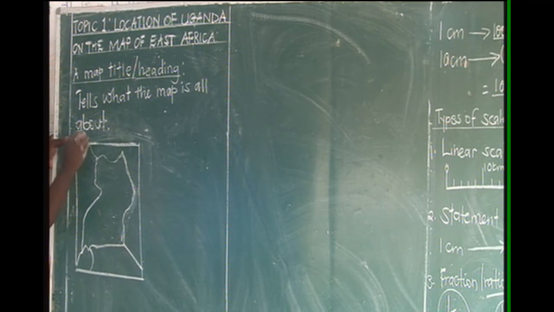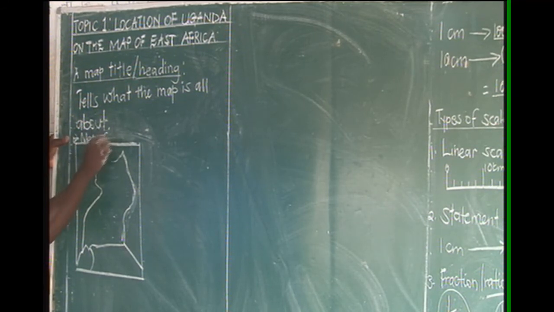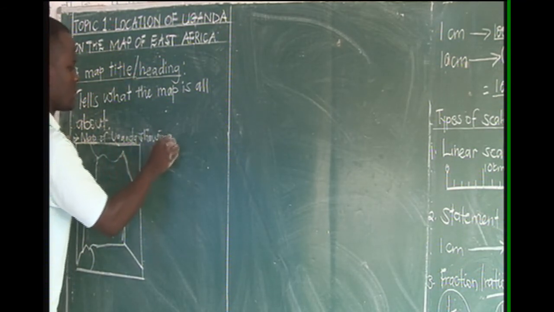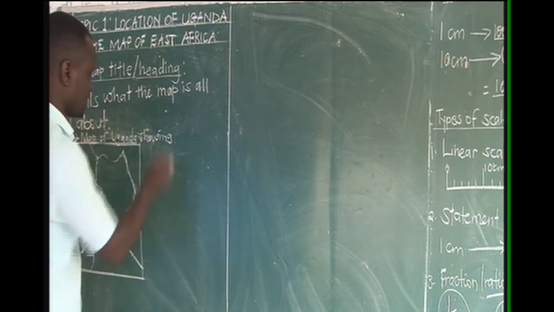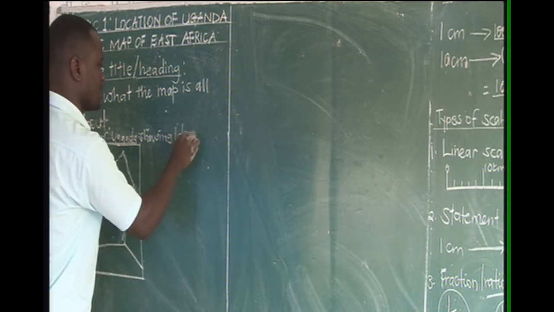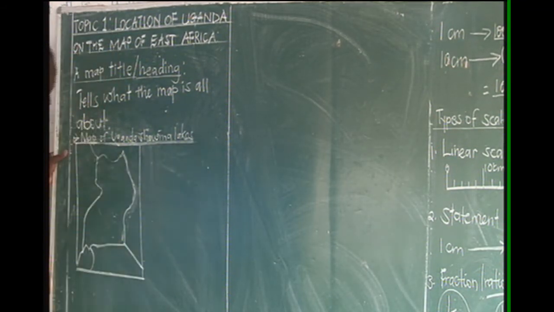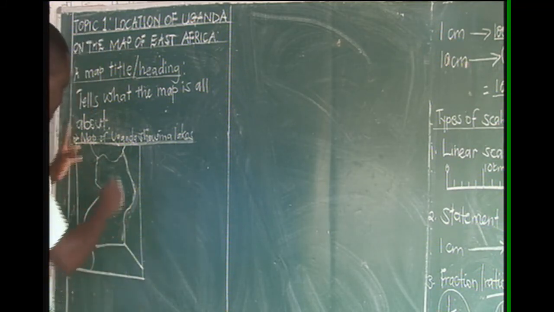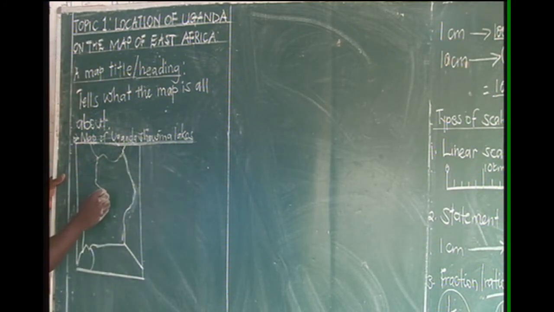The title can say map of Uganda showing lakes. This is our heading. So if someone is reading this map, they will see and say, hey, this is how the map of Uganda looks, and it's showing lakes.